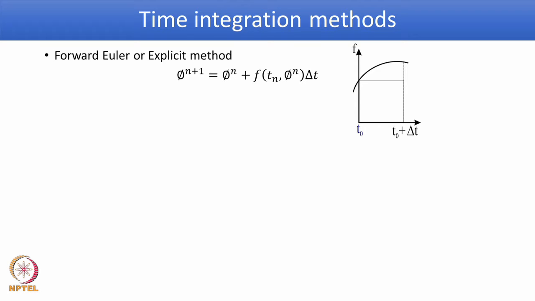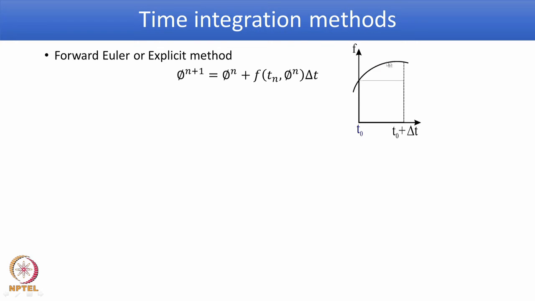So, phi at n plus 1 means phi at the new time level, which is defined as n plus 1, is equated to phi at n, that is the old time level, with some derivative, and graphically it is shown here: t0 and t0 plus delta t, and the new value, that is the function here at t0 plus delta t, is evaluated from phi at time 0, that is what is shown by this.